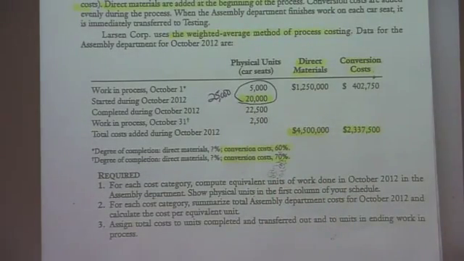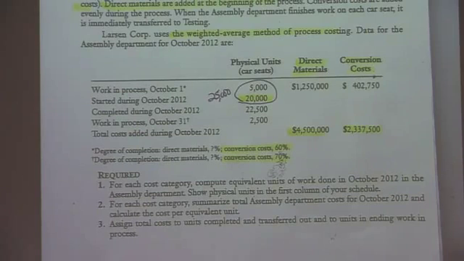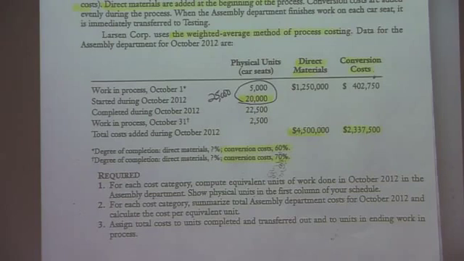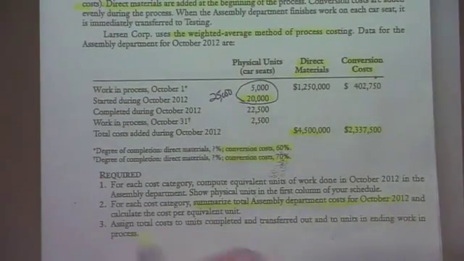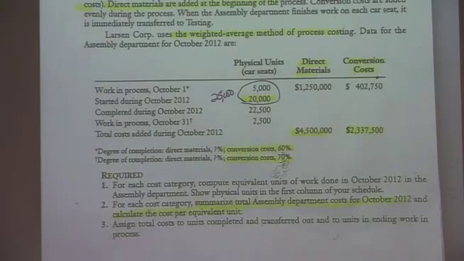Now, the first requirement asks us to compute the equivalent units of work done in October for each cost category, and show physical units in the first column of the schedule. So what they're really asking us to do is steps 1 and 2 of the 5-step process costing. Part 2 says for each category, summarize the total assembly department costs for October and calculate the cost per equivalent unit.